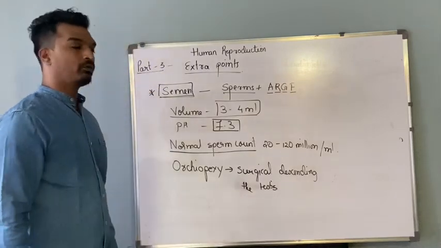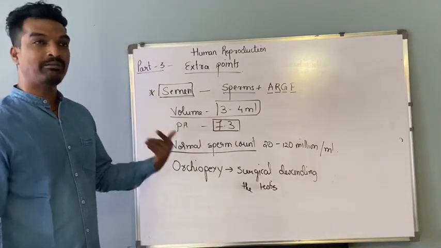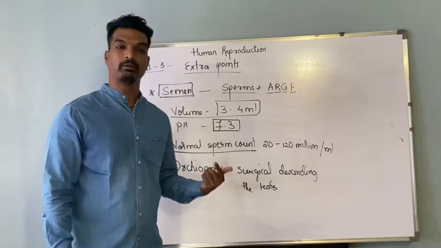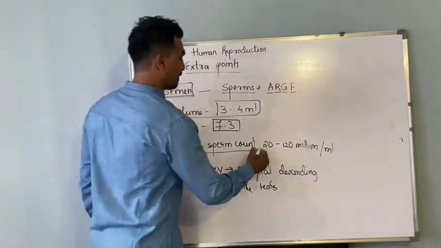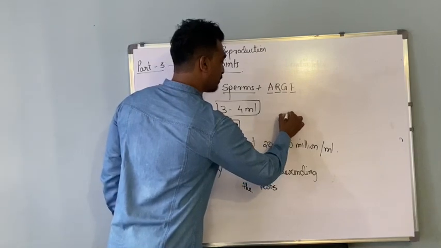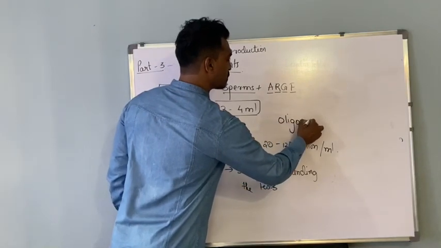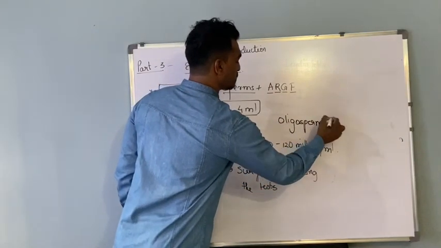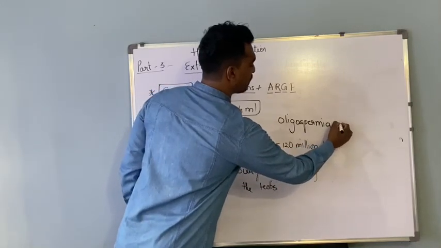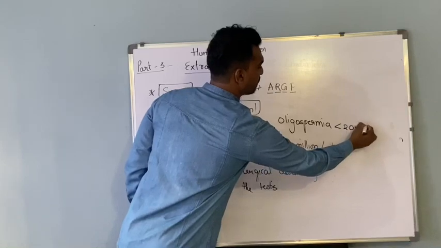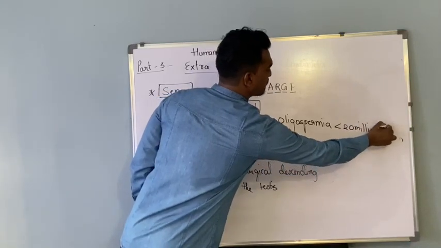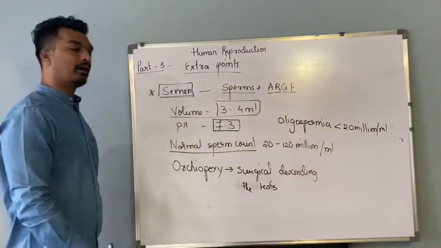Normal sperm count is 20 to 120 million per ml. If the sperm count is less than 20 million per ml, it is called oligospermia. Right?